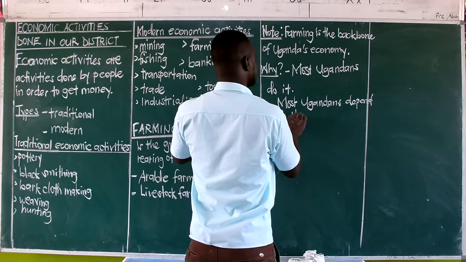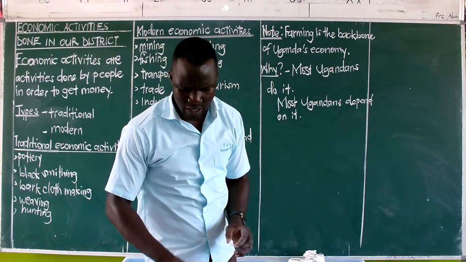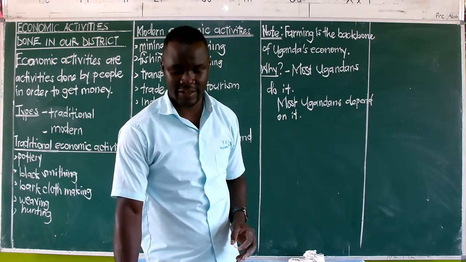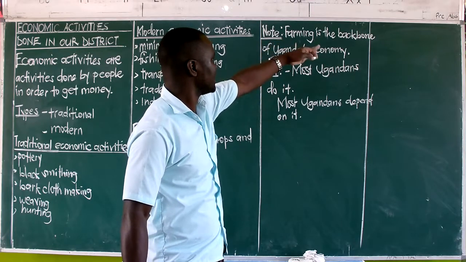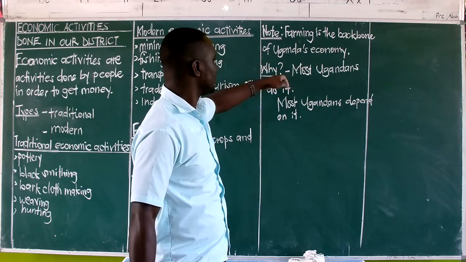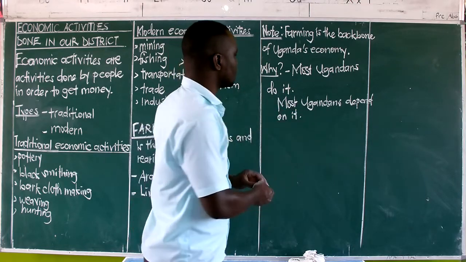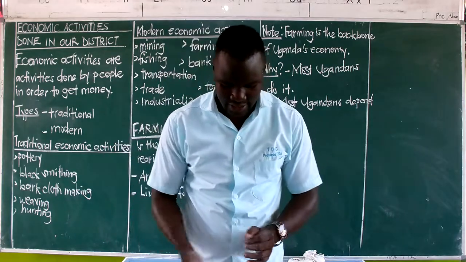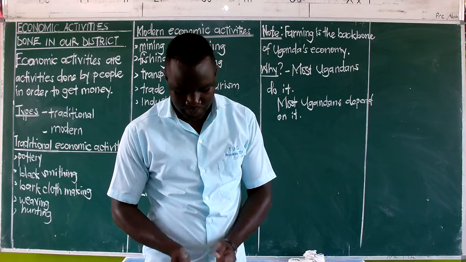That is why we are saying it is the backbone of Uganda's economy. I want you to add that statement to that page 72. It's very, very important. You say, note, farming is the backbone of Uganda's economy. The reason is most Ugandans do it, or you can simply say, most Ugandans depend on it. That is why we take it as the backbone of Uganda's economy.